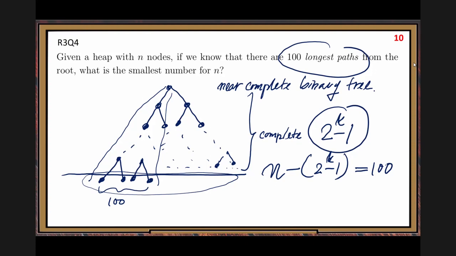And n is less than or equal to 2 to the k plus 1 minus 1, because the bottom level could be full, right?